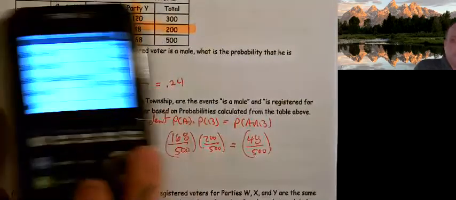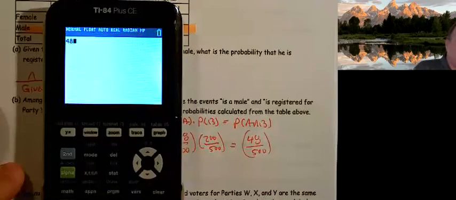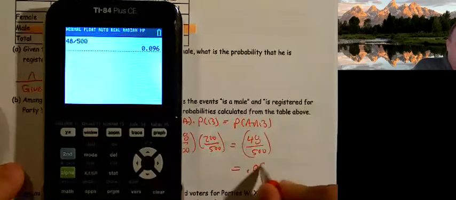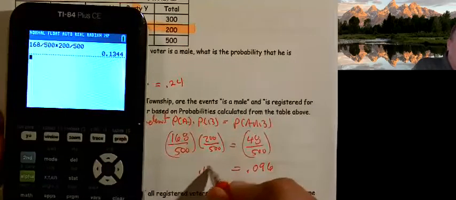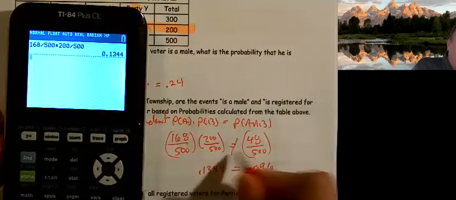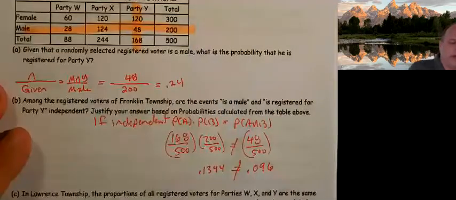So going back to the handy calculator, 168 divided by 500 times 200 divided by 500. 0.1344. Those are not equal, so we are not independent.